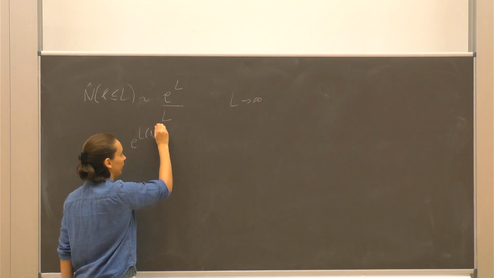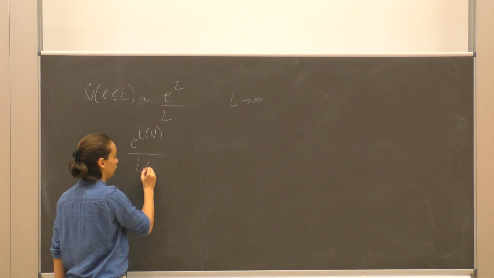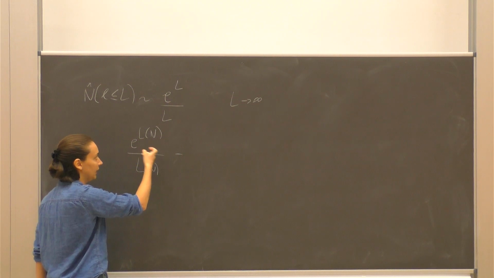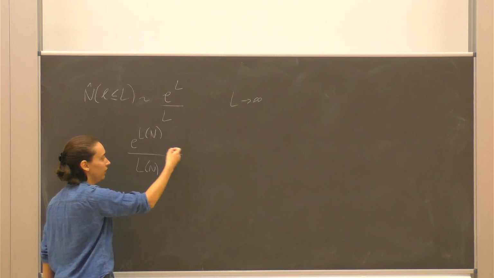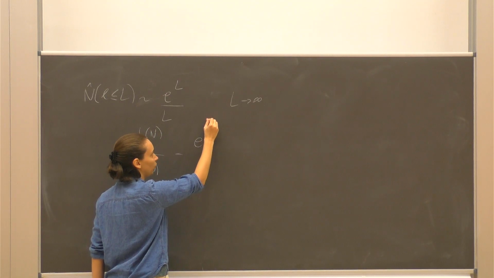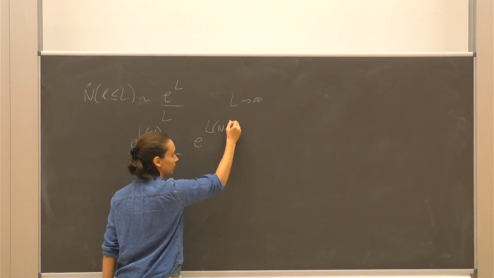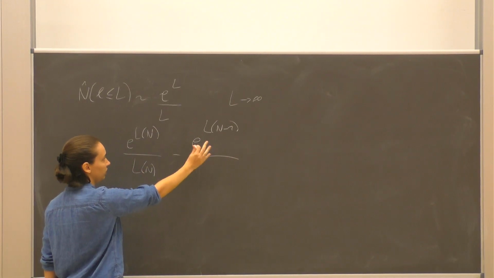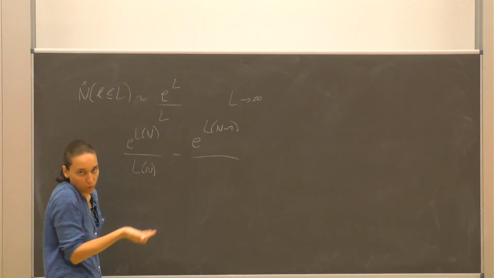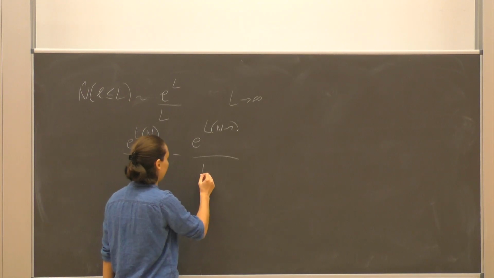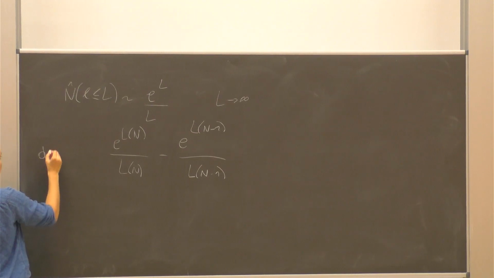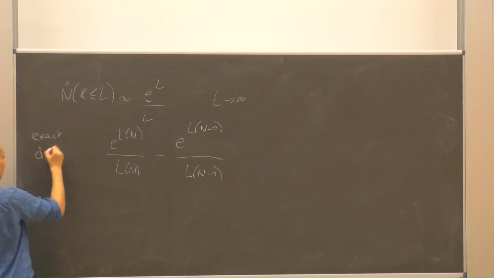At some value of n, nothing special here, the degeneracy at this specific value of n will be exactly this number minus what it was if you just subtract 1 unit from this n. That would be the degeneracy that you have at exactly one value of n, but also at one value of L. And so the exact degeneracy grows in this way.